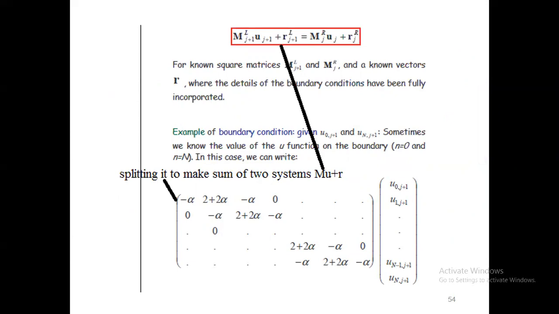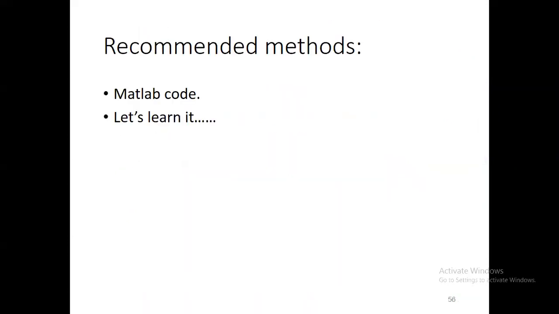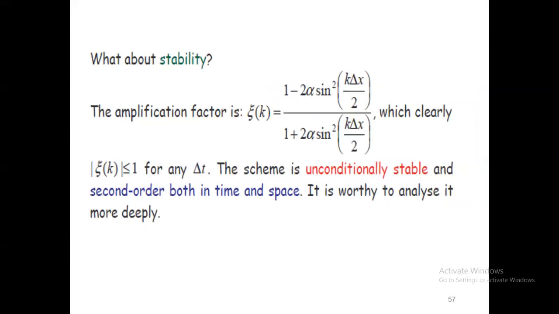Previously for the implicit Crank-Nicholson scheme, we didn't talk about the stability analysis, but now we will. Now for this scheme, we will talk about the amplification factor. And if we take the magnitude of this amplification factor, we say that it is true for any delta t, the scheme is unconditionally stable and second order both in time and space.